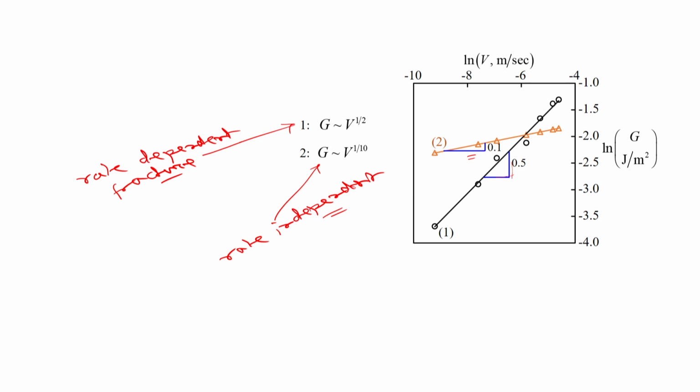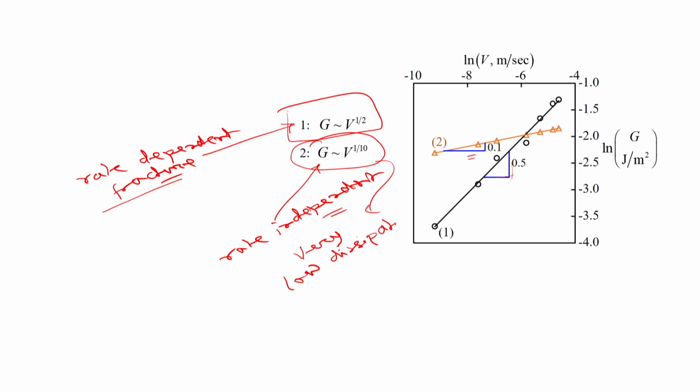Not only that, we can also say that for this kind of rate dependent fracture, there is a kind of viscoelastic dissipation or surface rate dependent dissipation that happens. So, there is a dissipation that is present for this tape 1 case, but that dissipation is not there, or even if it is, it is very low, in this particular case. So, very low dissipation or irreversibility in the film, in the material dissipation.